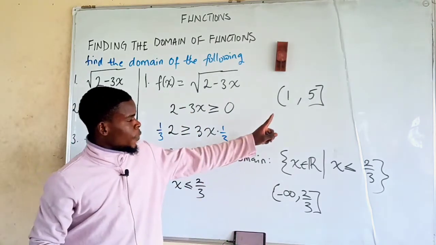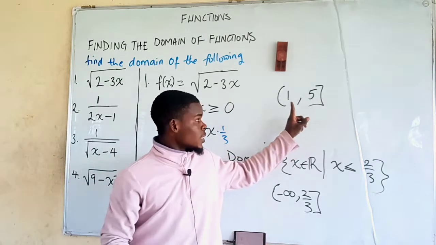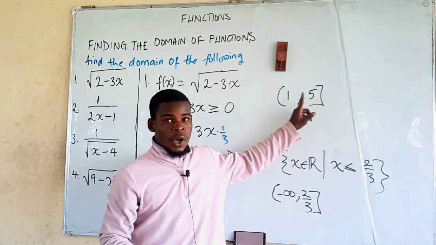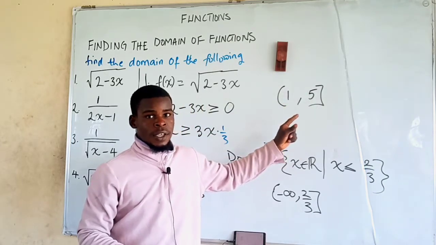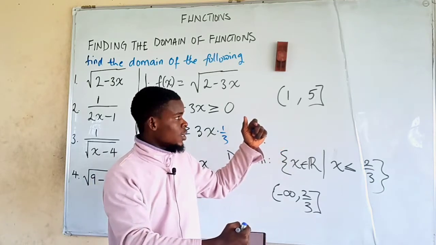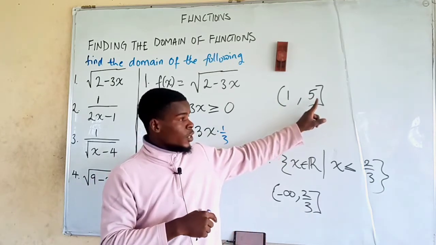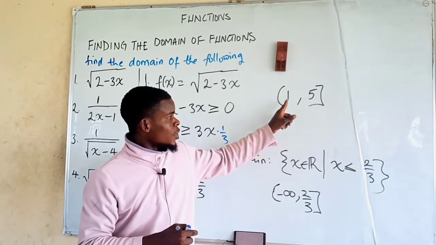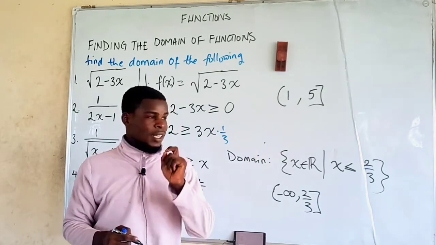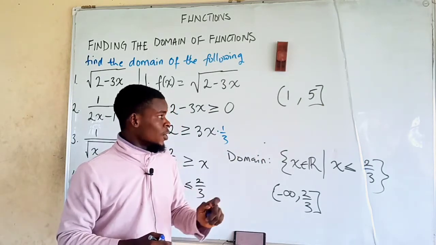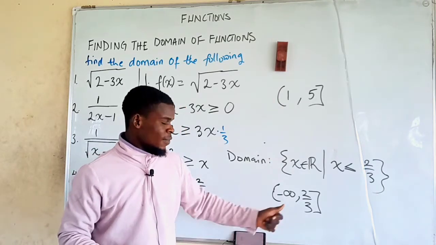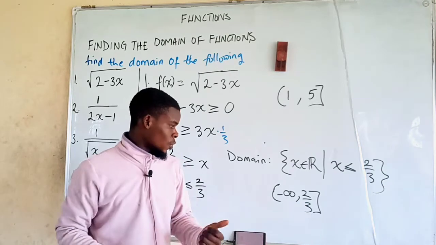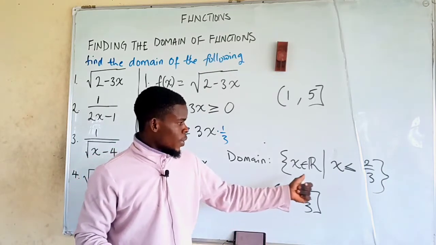This tells us every number starting from 1 to 5, with 1 excluded and 5 included. So we can talk about numbers after 1 till 5. 5 is included because it is closed at 5, but it is open at 1, meaning that we do not want the number 1 in there. Negative infinity is not a real number, so we can't include it. Good. So the domain is this.